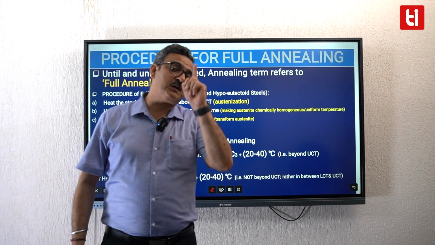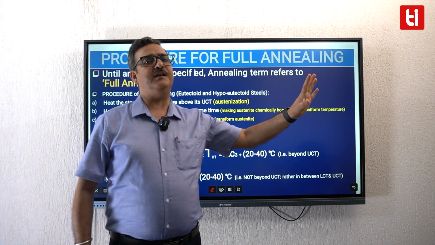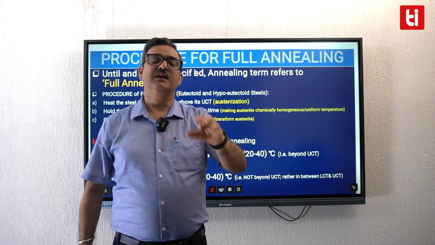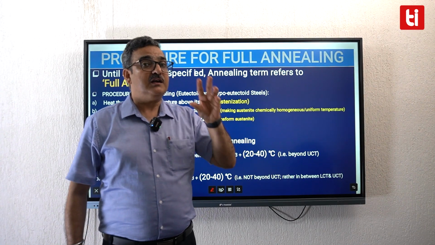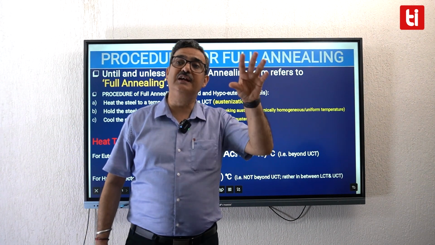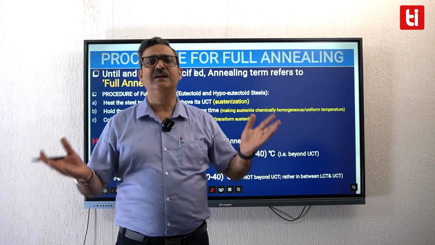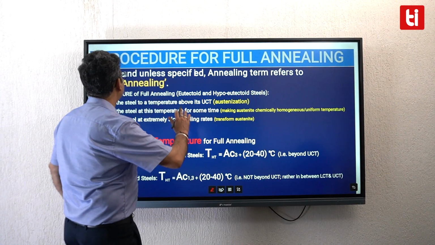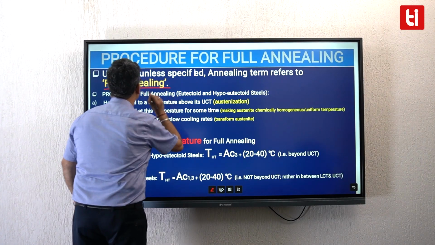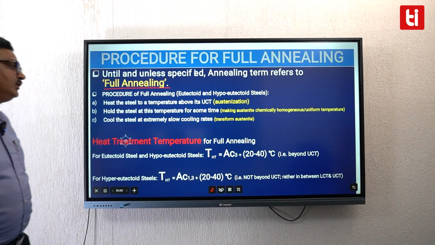Until and unless it is specified, if somebody is just saying annealing, annealing means full annealing. If it is some other type of annealing, they will have to specify. If they want annealing for machinability, they will have to say spheroidization annealing is needed. If just annealing is said, invariably it means we are talking about full annealing. So please remember that.